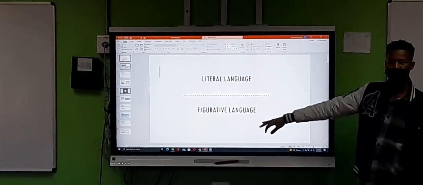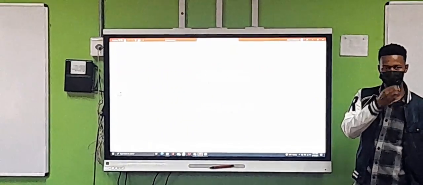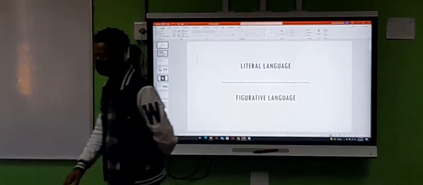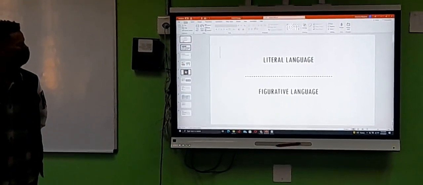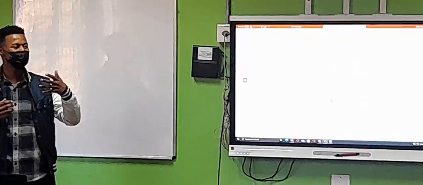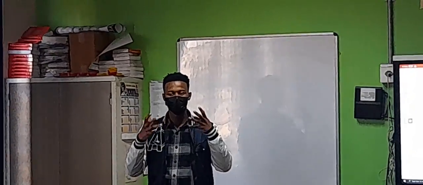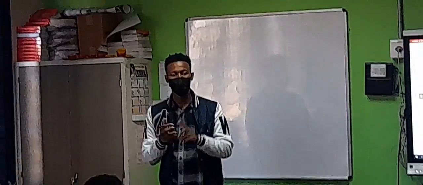Figurative language is like if you say it, but it's not exactly there. That's correct. So figurative language functions by allowing readers to activate their creativity and imagination when they read a poem or a novel.